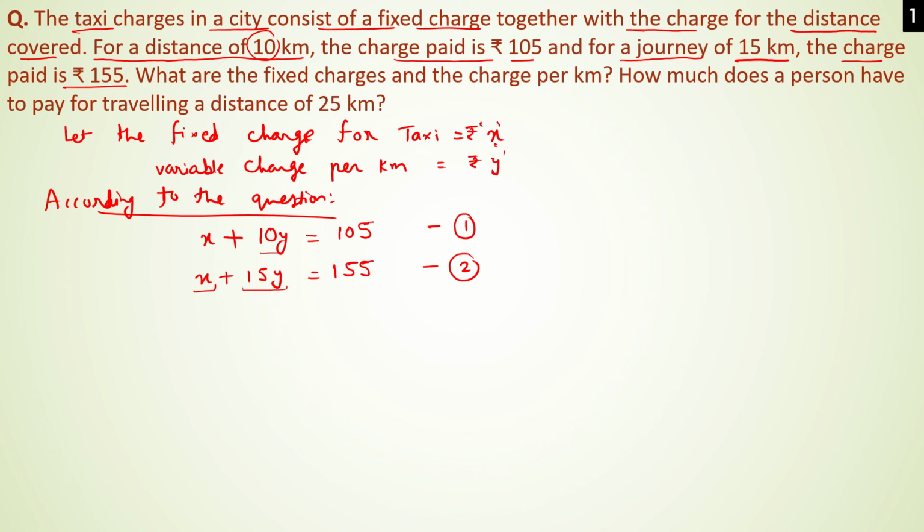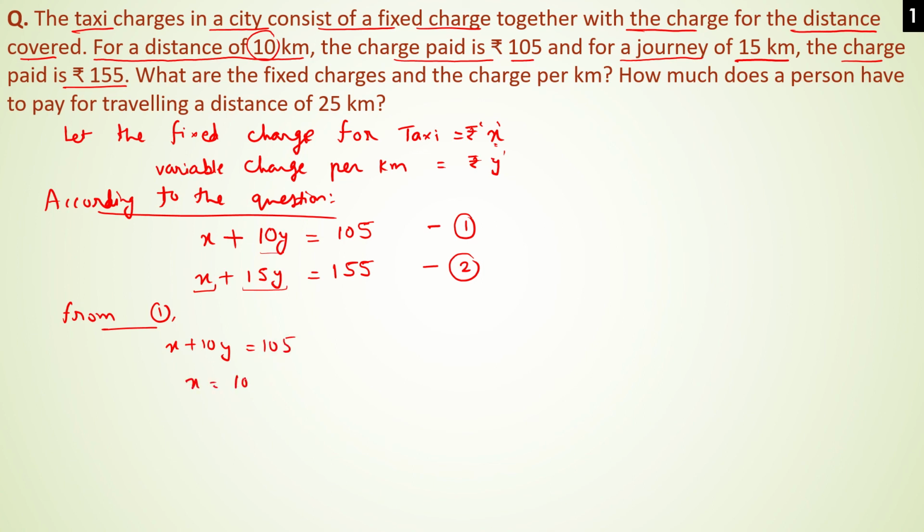So here again, if we have to solve by using substitution method, then we have to select any of the equations and find the value of one variable. So let us take the first equation. From first, it is quite easier to find the value of x from here.